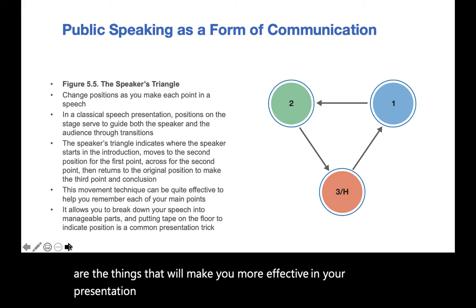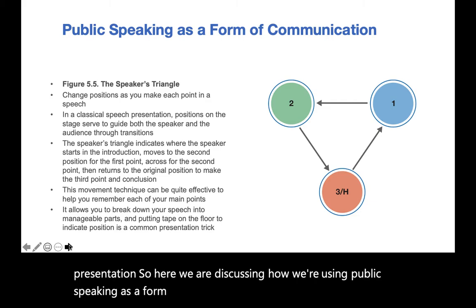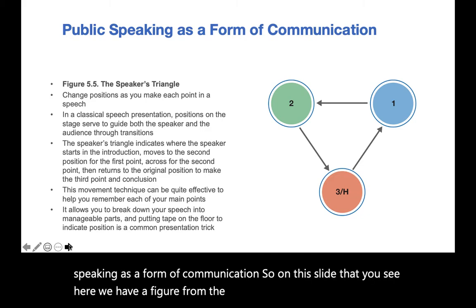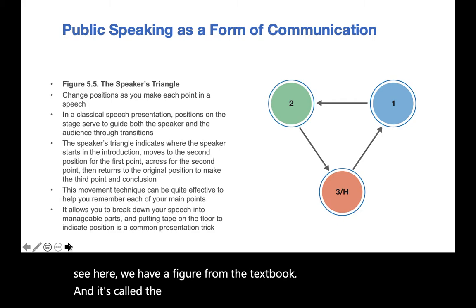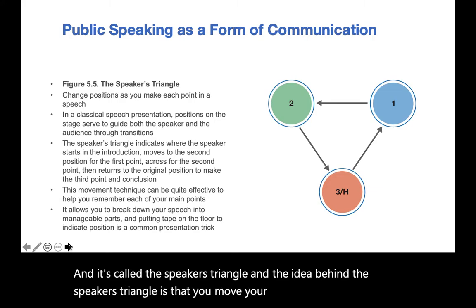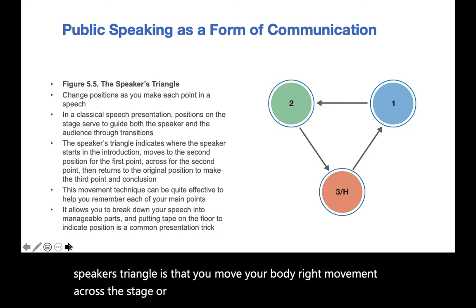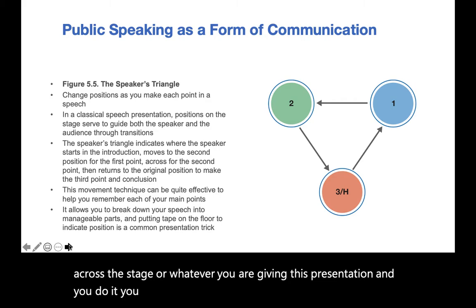So here we are discussing how we're using public speaking as a form of communication. So on this slide that you see here, we have a figure from the textbook, and it's called the speaker's triangle. And the idea behind the speaker's triangle is that you move your body, right, movement, across the stage or whatever you are giving this presentation, and you do so purposefully.